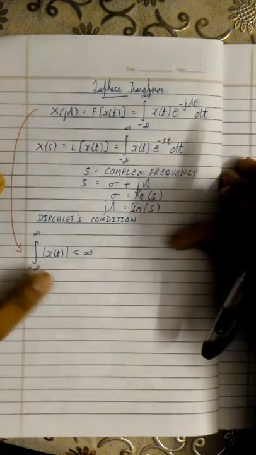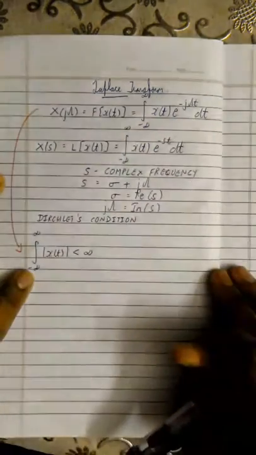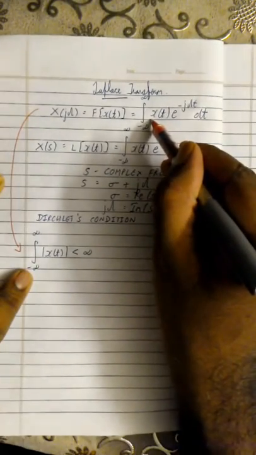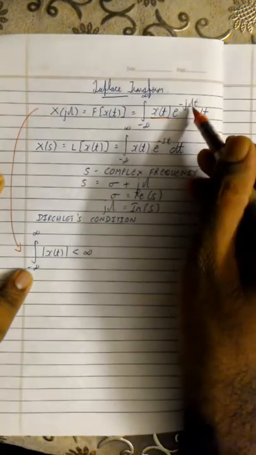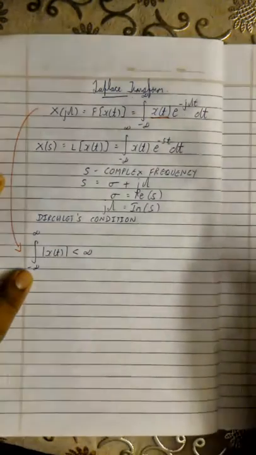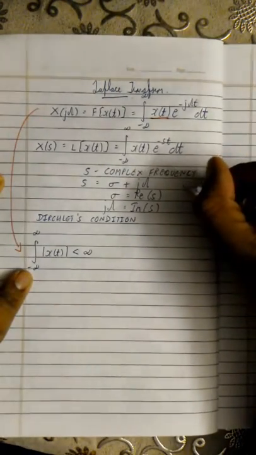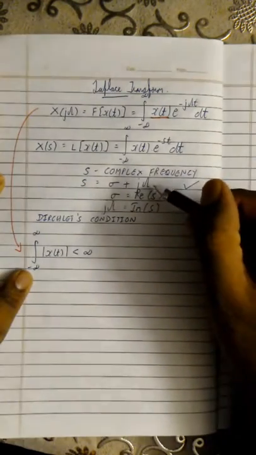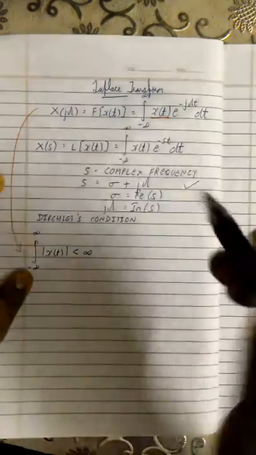Here is what you need to understand in this case. If you look very carefully, x of t is multiplied with e raised to jΩt. Now let me substitute s equal to sigma plus jΩ in this equation and see what we get.